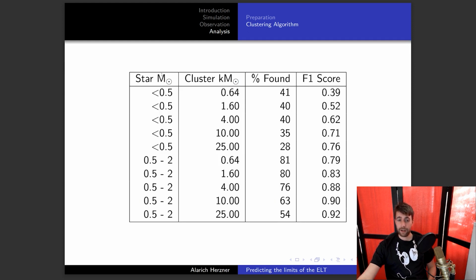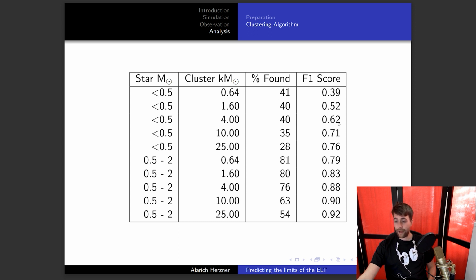So here again, for stars with less than 0.5 solar mass, with the biggest cluster overall, we find only 28% of stars, but the F1 score is 0.76. Again, remember, the closer to 1 the better. So you can see it increases.